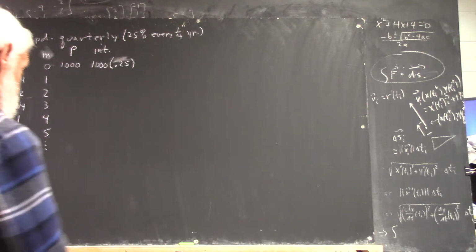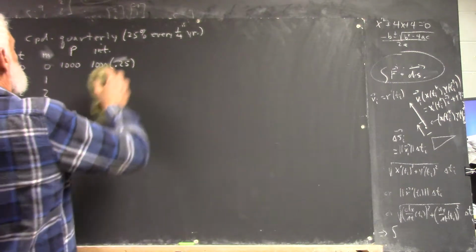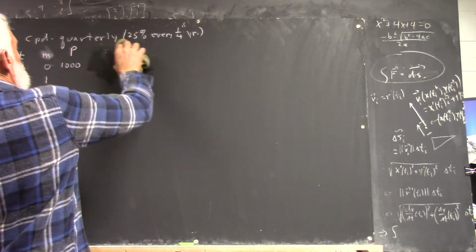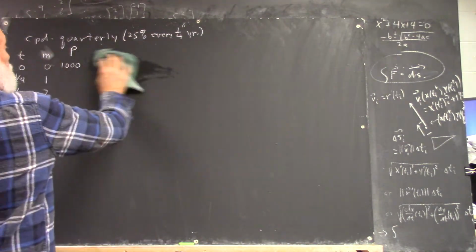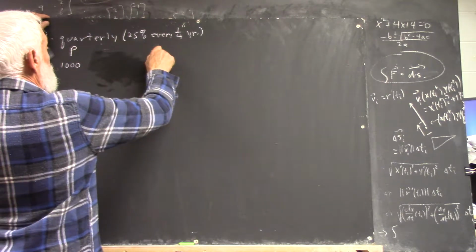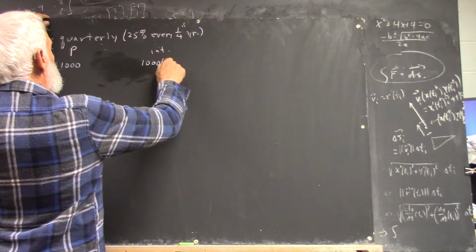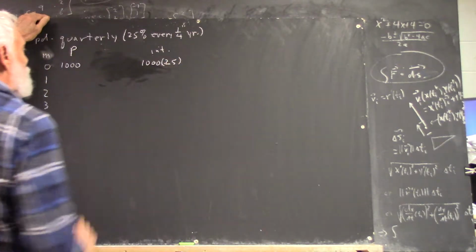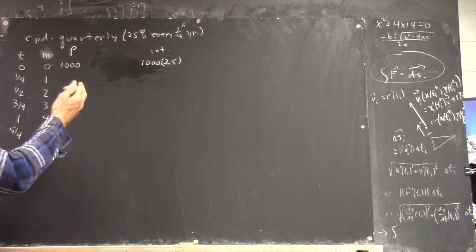And now, realizing what I'm about to do, I want to put this column for the interest quite a bit further to the right because I'm going to need more room to write my principal. Okay, so my interest is going to be out here. $1,000 times 0.25. Okay, so now what's my principal going to be?